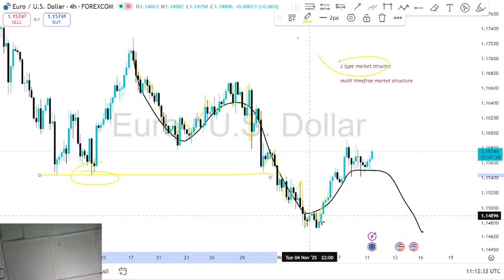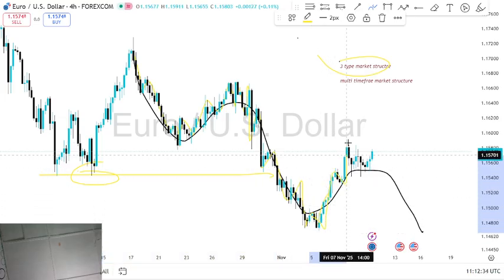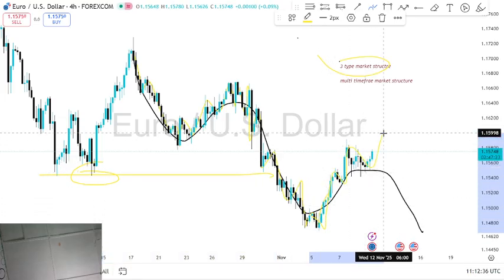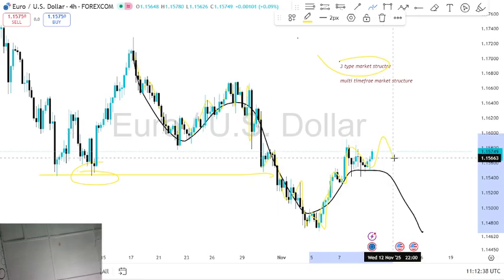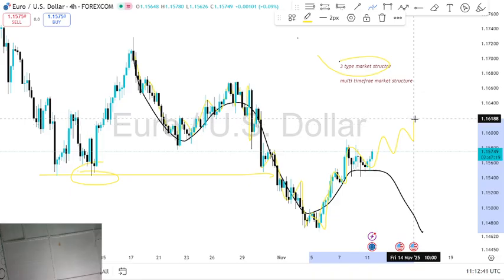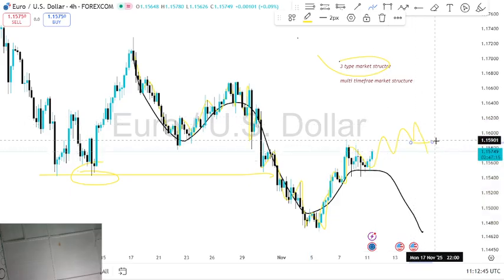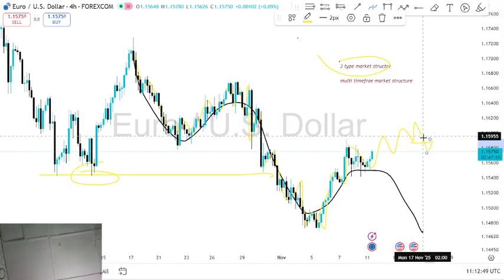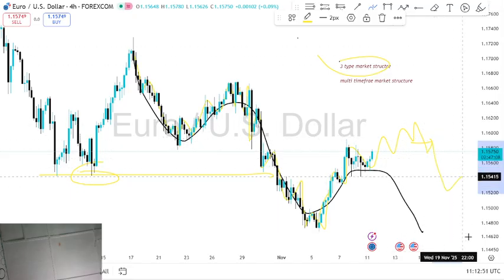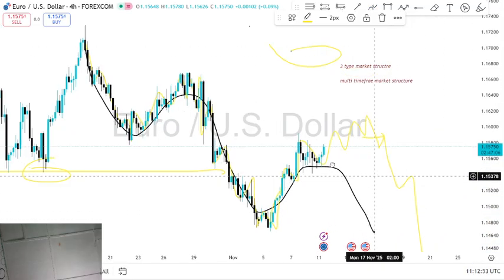But we know the internal structure will switch bullish to facilitate the pullback, and we can continue to trade the pullback until the internal structure switches bearish again, which will send a signal that the internal structure has ended, and we will continue the move to the downside.